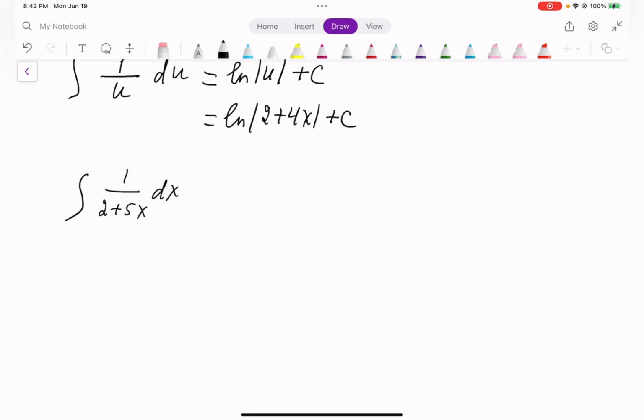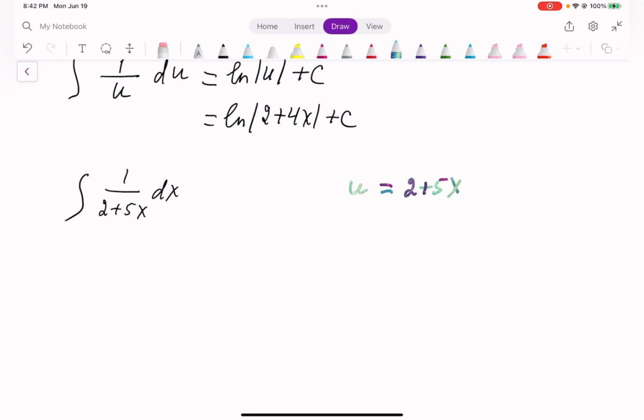Okay, so we are going to substitute the same way, right? So u is going to be 2 plus 5x, and du is going to be, how much?